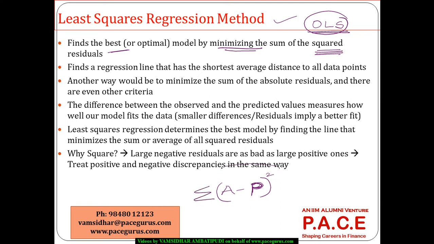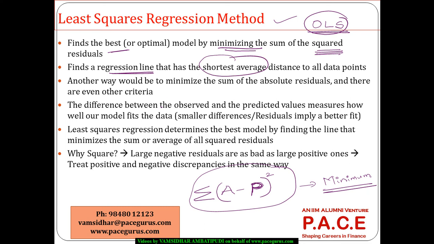This is the sum of the squares of the residuals. Whichever line gives the minimum possible value of this is what comes out of the least squares regression method, and that particular equation is called my regression equation. So the regression line that comes out has the shortest average distance to all the points.